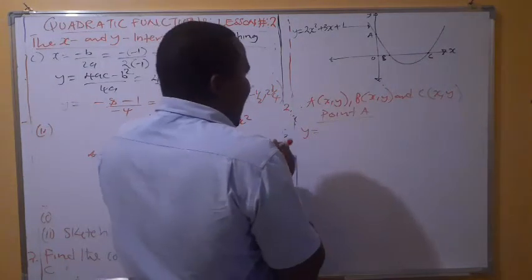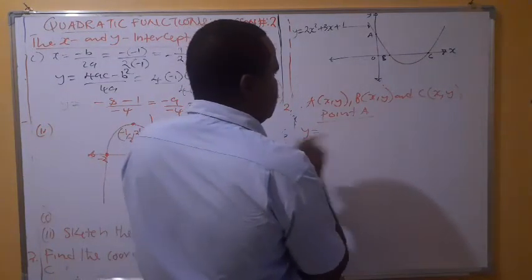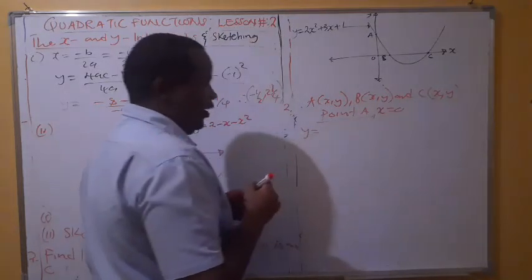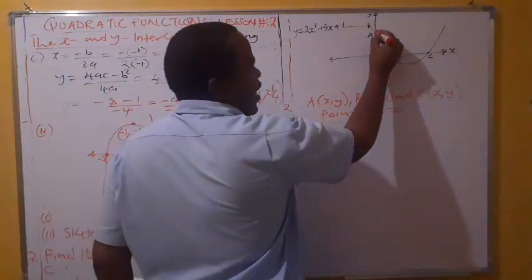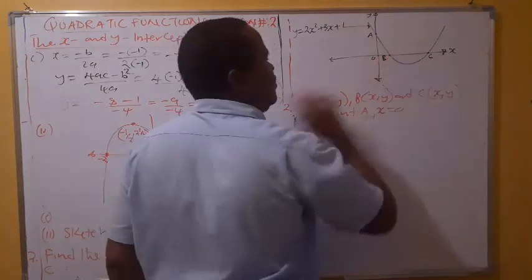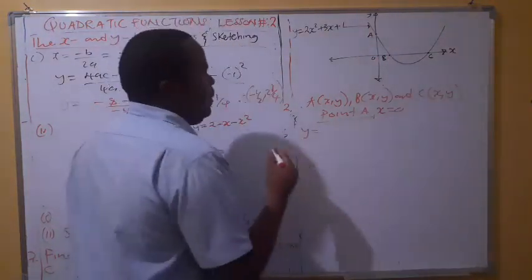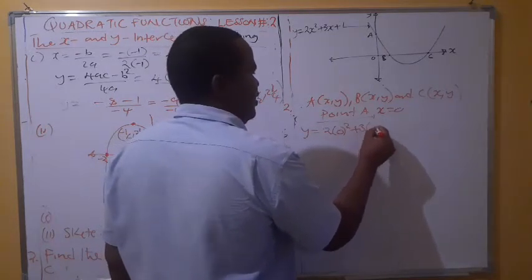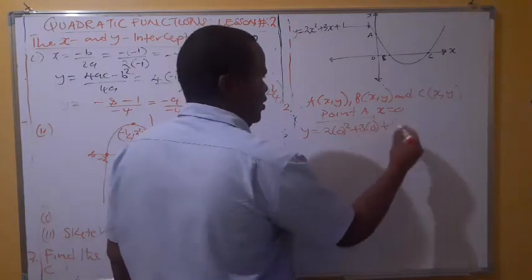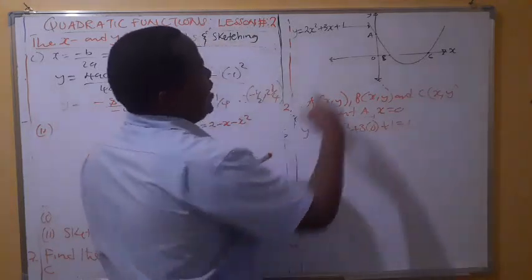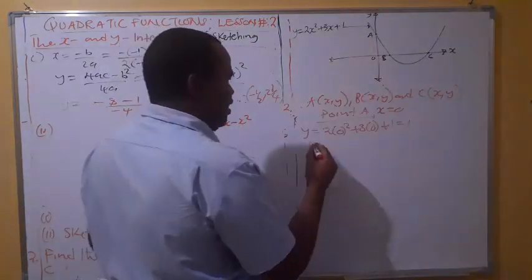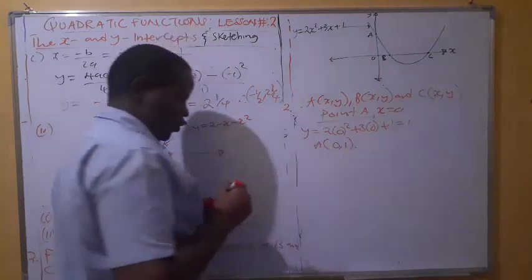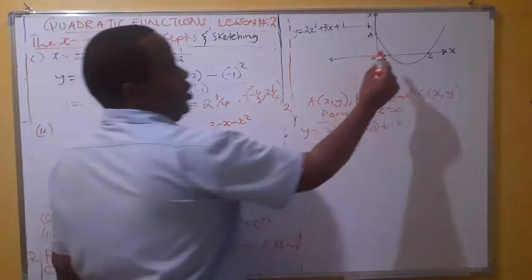At A, x is 0 because it is at the y-intercept. At the y-intercept, x is 0. At the x-intercept, y is 0. So here we have 2 times 0 squared, plus 3 times 0, plus 1, which is 1. So even just by inspection, this is the y-intercept, meaning the coordinates of point A are 0, 1.